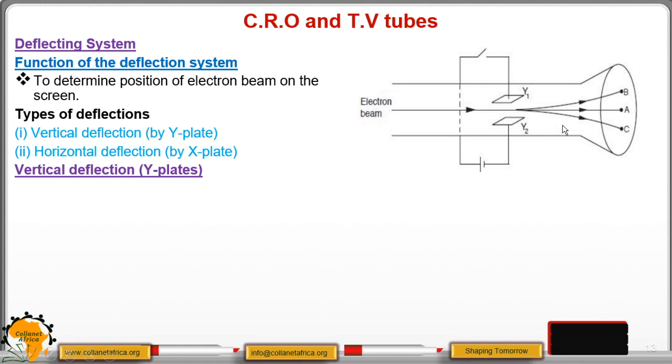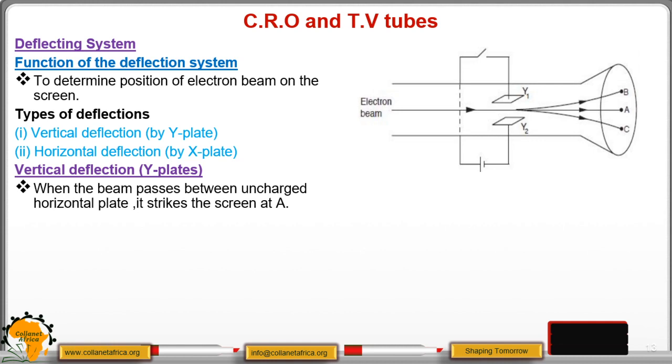The work of this is to make the beam or the spot either move from B to C or remain at A. So when the beam passes between the uncharged plates, when the switch is open, the beam hits at point A.